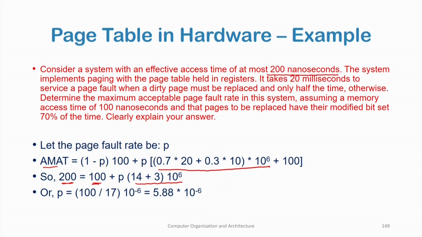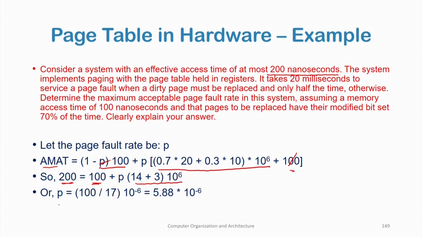So, 17 into 10 to the power 6 plus 100. If you break this up, this becomes 100 minus p into 100, and this one again has a p into 100. So, this one and this one cancel, and therefore I have 200 equals 100 plus p into 17 into 10 to the power 6.